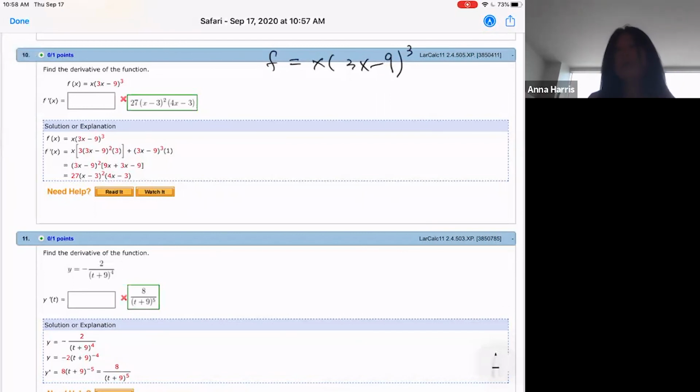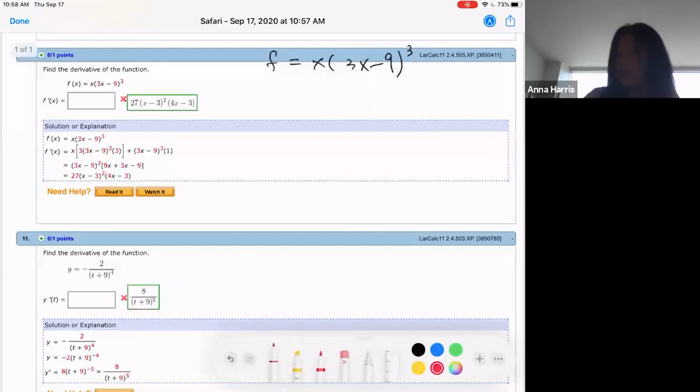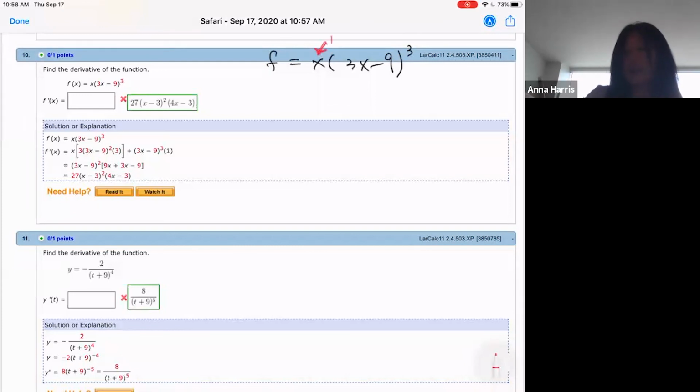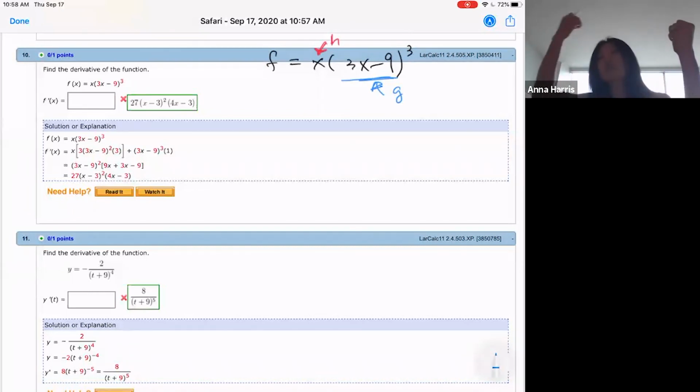All right, I'm not going to call this f because the problem is already f. So how about I call it h? I'm going to call this one my h. I'm going to call this one my g. All right, is that okay with you? Because it doesn't matter what variable you use. I just need to have a first function and a second function.